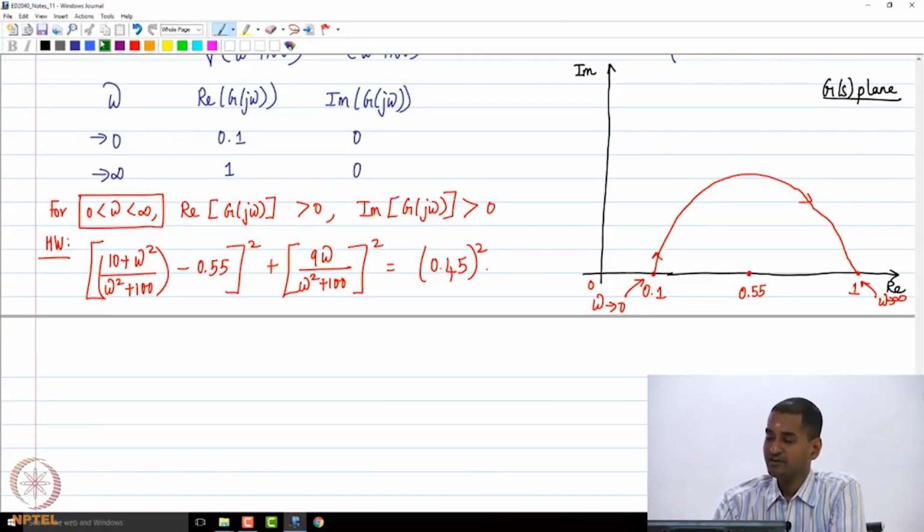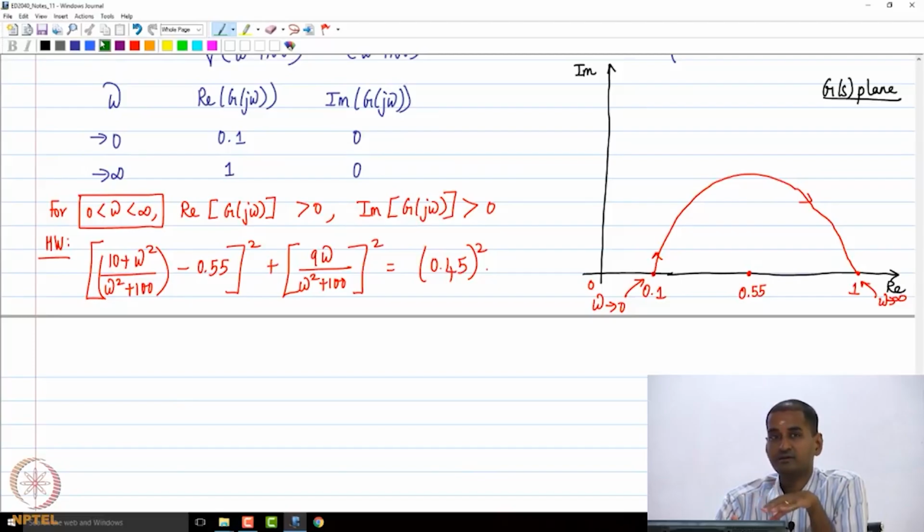Now, if you want to find out at what omega the phase angle of this particular sinusoidal transfer function is maximum, how would you do that? How would you calculate the phase of g of j omega at any omega? Graphically, you have the Nyquist plot.